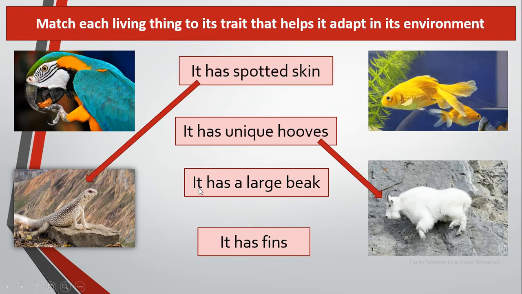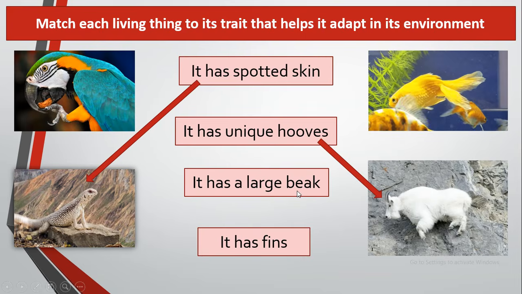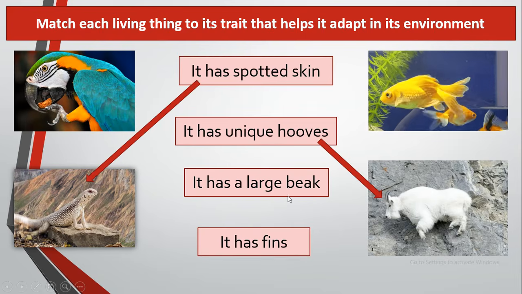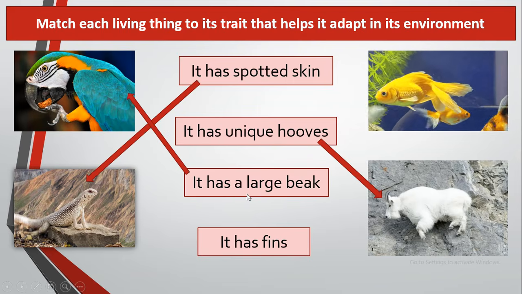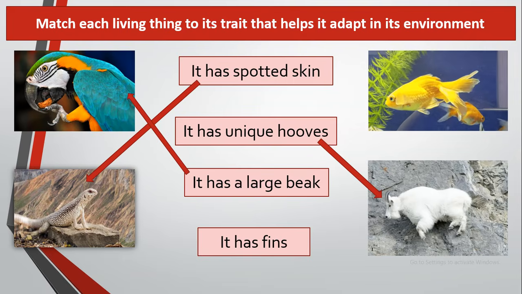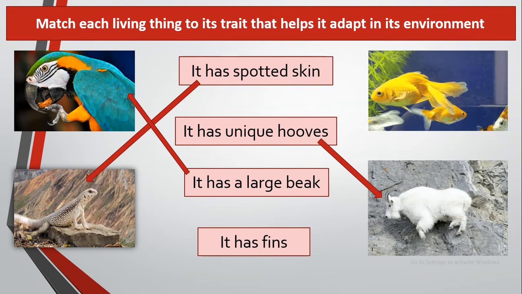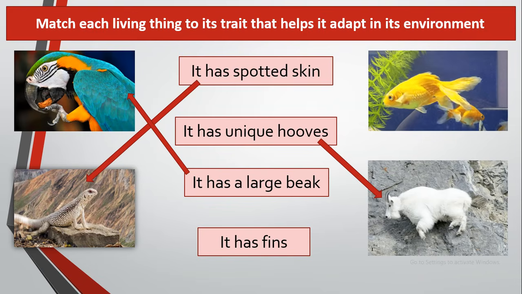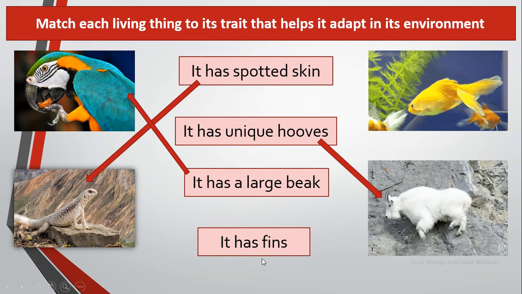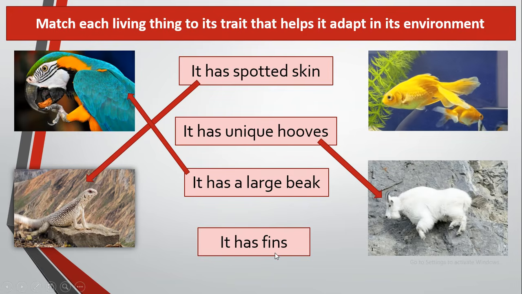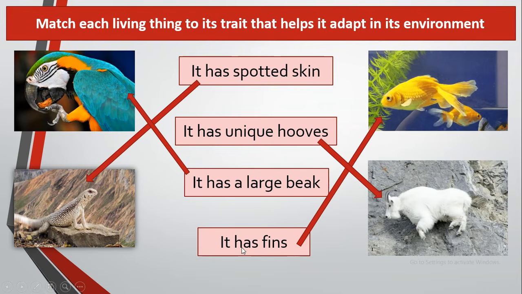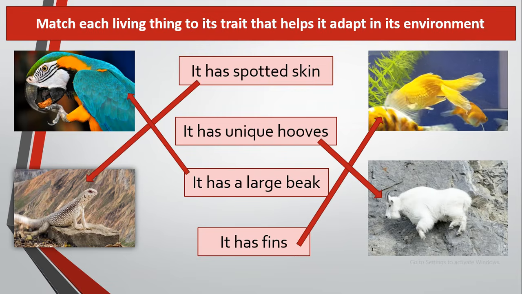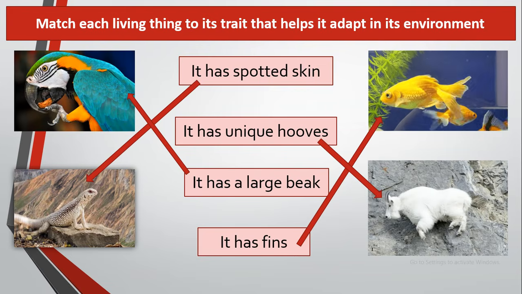To the third trait, it has a large beak. Which one has a large beak? It's the macaw. Yes, the macaw has a large beak that helps it open the nuts. Last one, it has fins. The fish, of course, has fins that help them move easily in the sea.